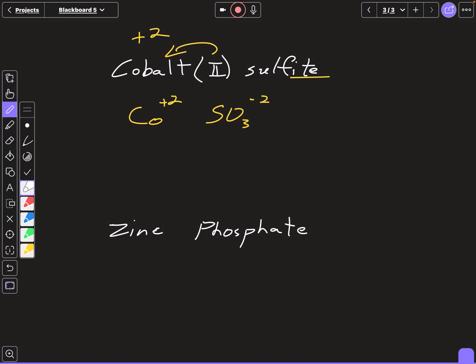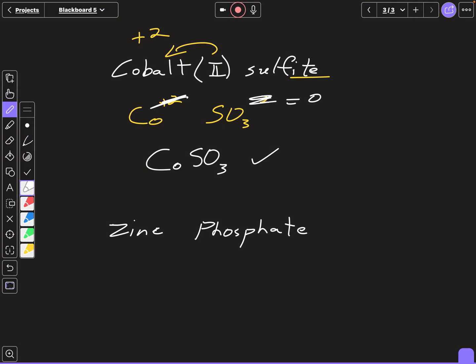If these charges add up to 0, plus 2 plus -2 does equal 0, I just cancel the charges out and write the formula. And that would be Co and then SO3. It takes just 1 of each, just 1 cobalt and then 1 SO3 ion to balance the charge, and that would be the formula.